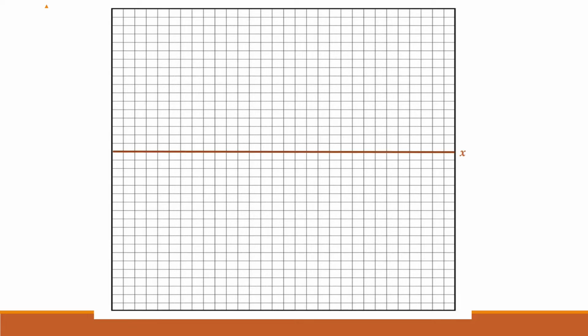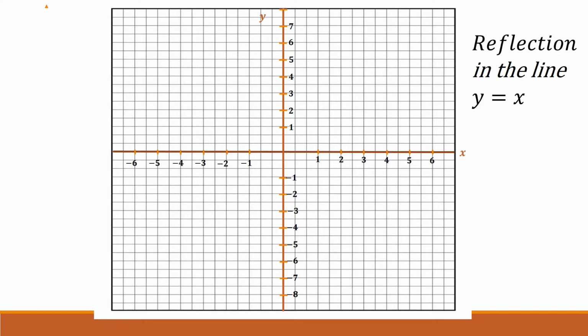So if I have my x-axis and my y-axis, with the positive and negative sides of each, then when we are reflecting in the line y equals x, this implies that the y value is the same as the x value. That is the meaning of y equals x.